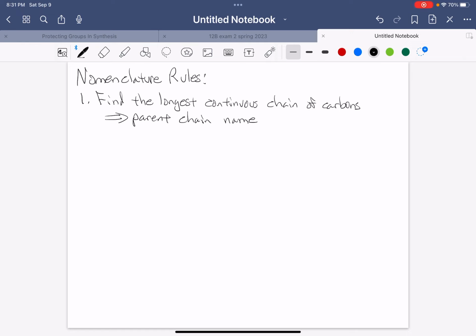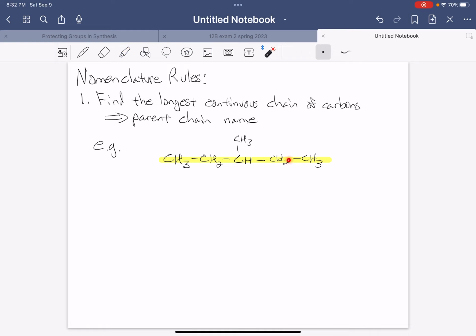Okay, so let's say just as an example, we had CH3, CH2, CH, CH3, CH2, CH3. So our longest continuous chain here is straight across here, 5 carbons. It wouldn't be 1, 2, 3, 4; it's 1, 2, 3, 4, 5.